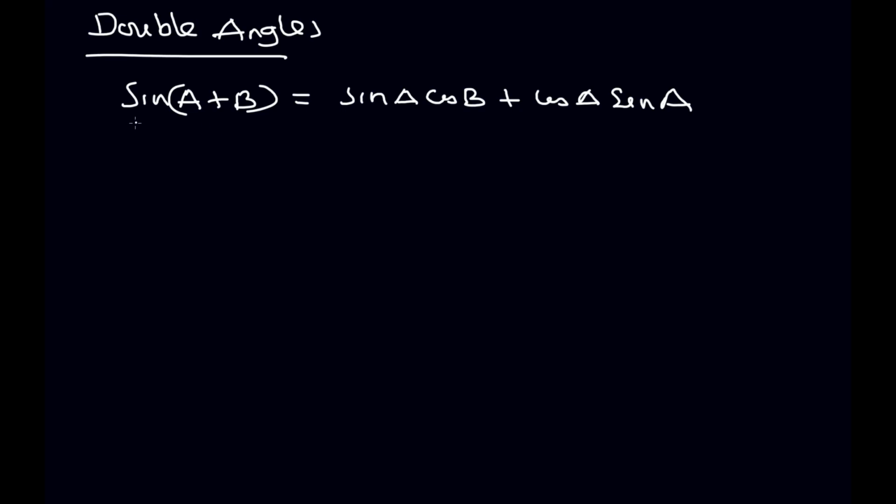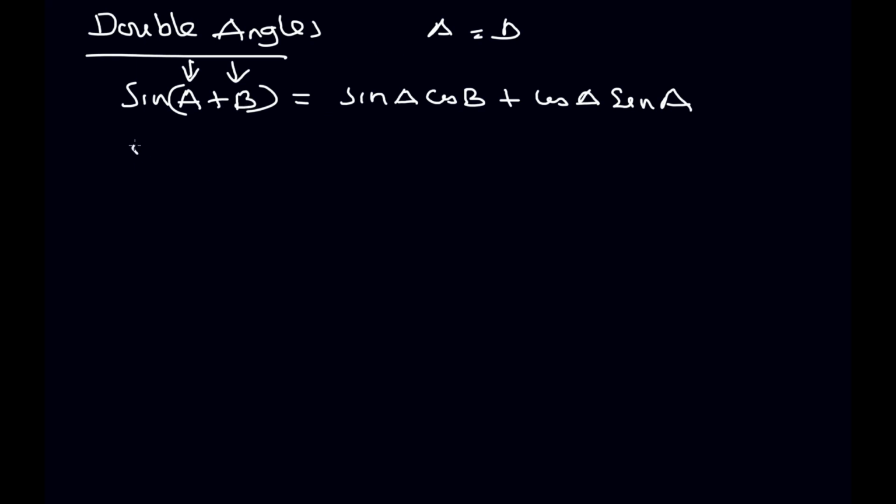Remember well, here we said sine A plus sine B will give us this. Now, what happens if these two are equal? When they're equal, let's say A is equal to B. If A is equal to B, then we can say B is equal to A here.